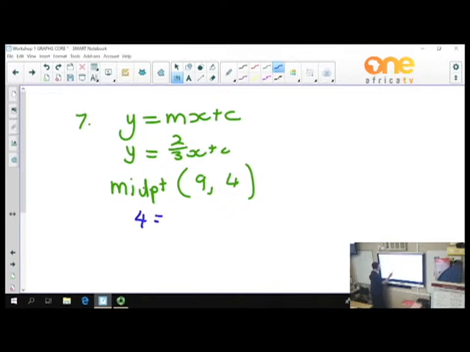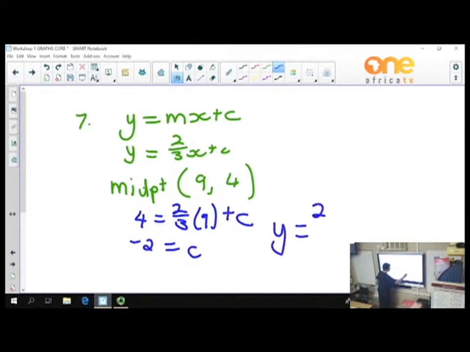So 4 is equal to 2/3 times 9 plus c. c is negative 2. So the equation is y is equal to 2/3 x minus 2. Understand? Okay, so that's then the equation. That was what our homework was, isn't it?